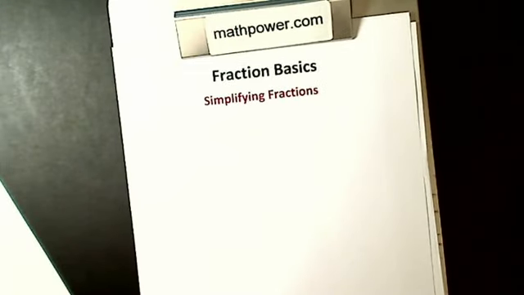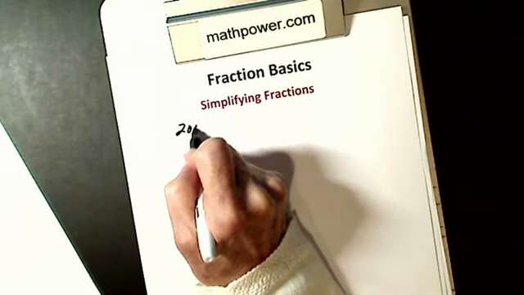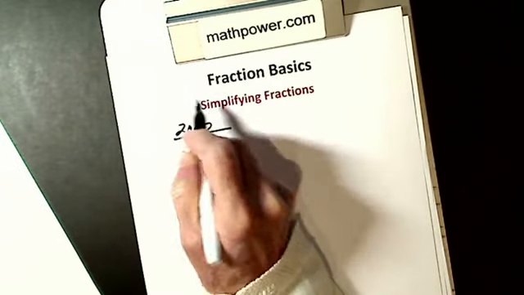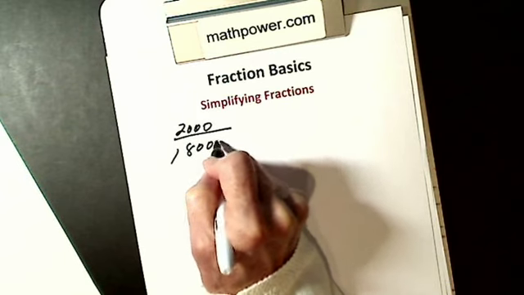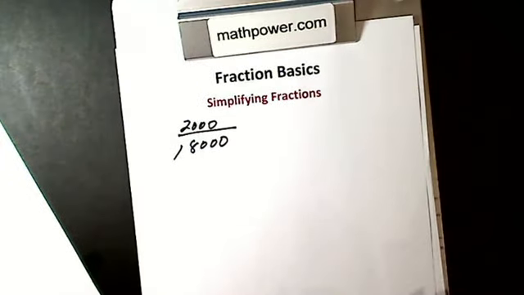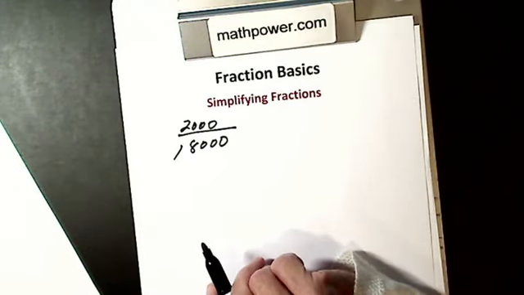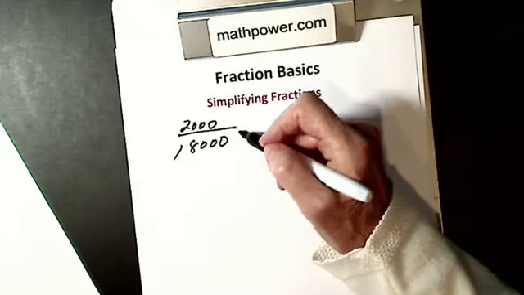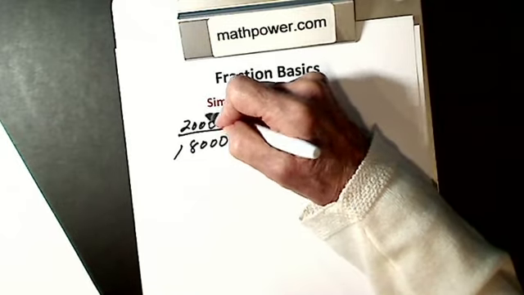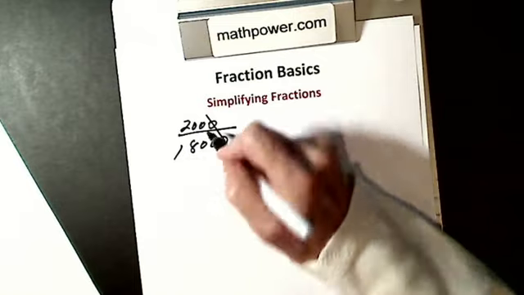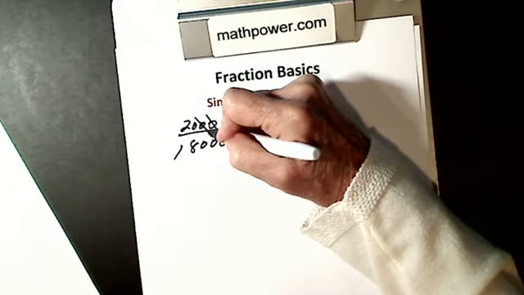One more thing about simplifying fractions. If I have something like this, 2,000 over 18,000, you're not going to be afraid of zeros or some big numbers. Basically, what we want to do is knock off our zeros. In other words, if I'm dividing 10 into each, I can knock off a pair of zeros. I can knock off this pair of zeros.